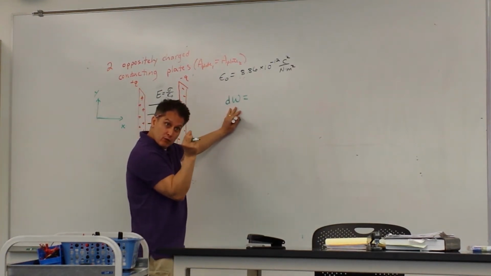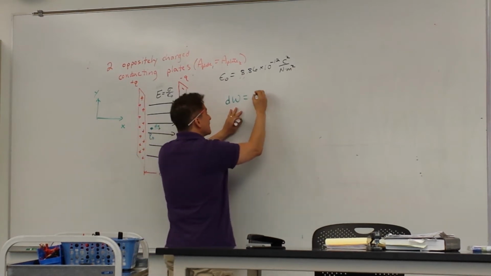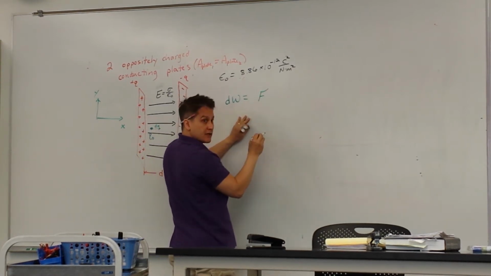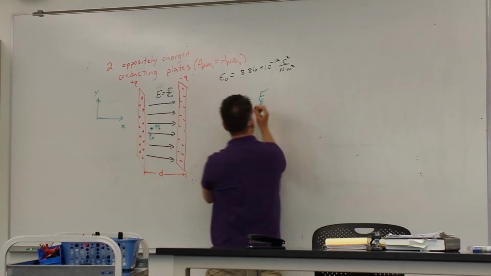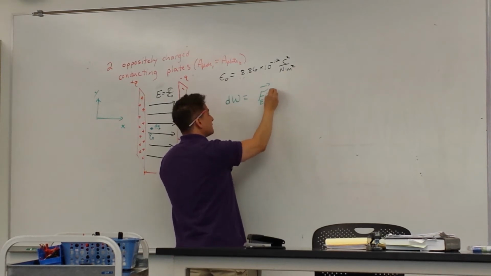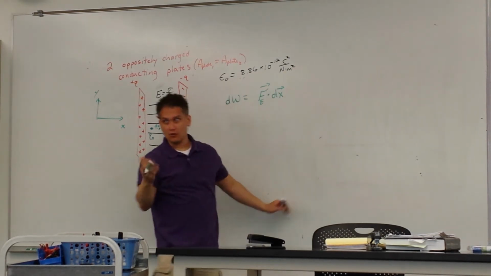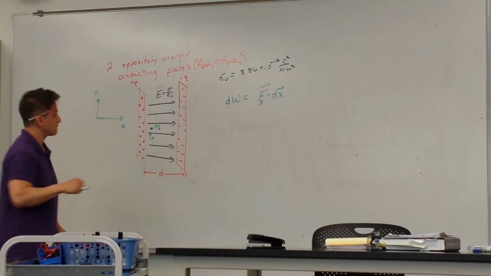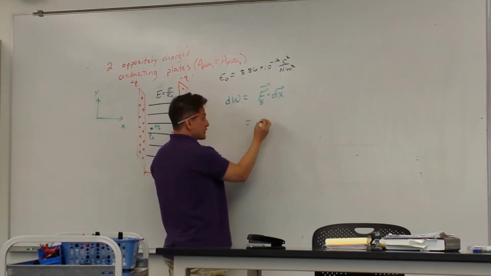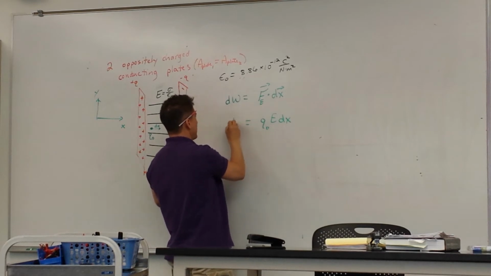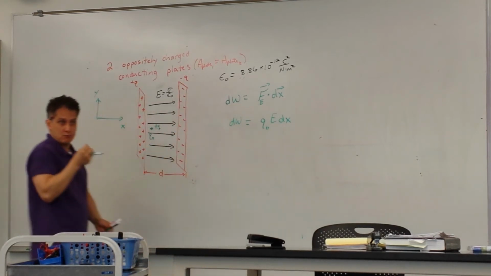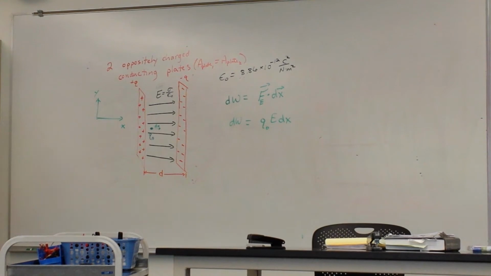But the work associated with moving this thing across would be related to the electric force associated with this interaction, electric field, and dx. So I'll write it in its full form for now, which reduces to, for an electric force, Q naught E dx. That would be the work as it's being driven across by this electric force.